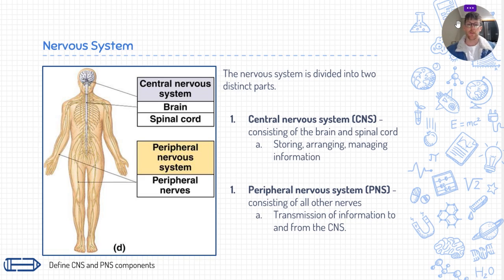And then our peripheral nervous system, our PNS, which is the transmission of information. So one is about the processing and use of information, whereas the other is the transport network where information is sent and received from.